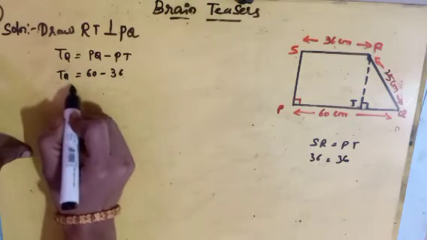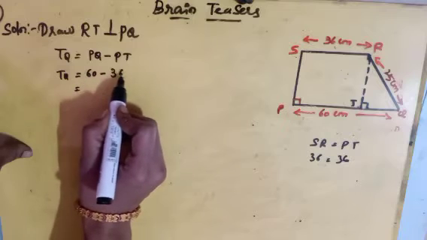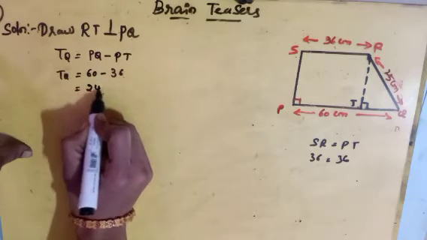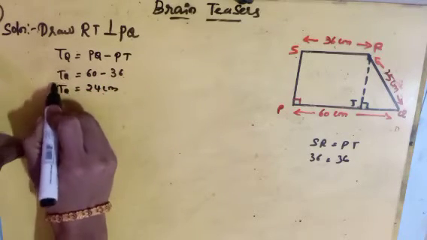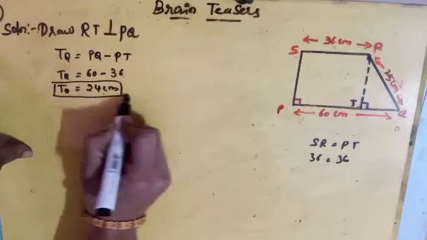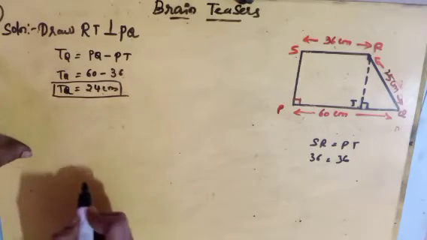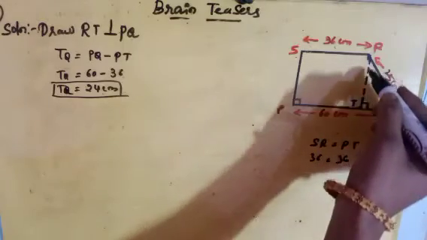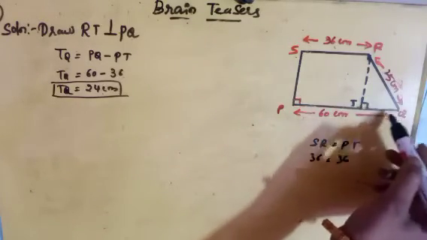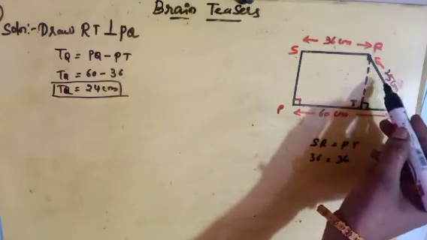So 60 minus 36 is 24 centimeter. Therefore, the value of TQ is 24 centimeter. Next, when I draw the perpendicular, we can see a right angle triangle is formed.